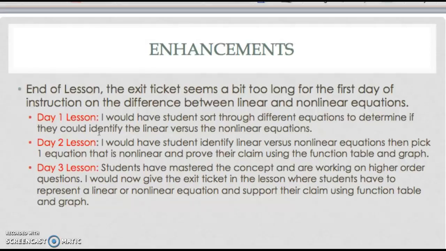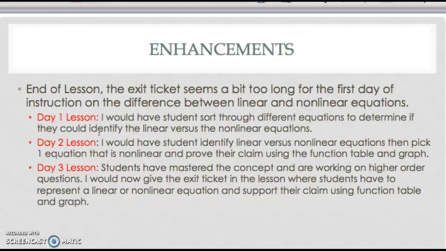So in day two, we're continuing to look at linear and nonlinear, and the questions are harder, and they're having more conversation about these open-ended questions and how to determine a linear and nonlinear equation, using their information from the day before, those features that they came up with.